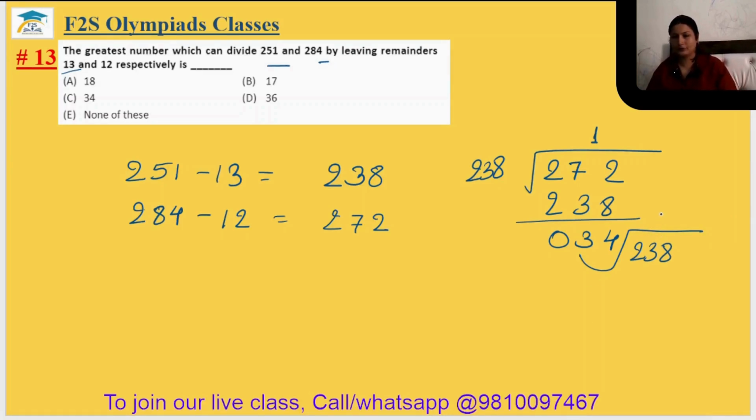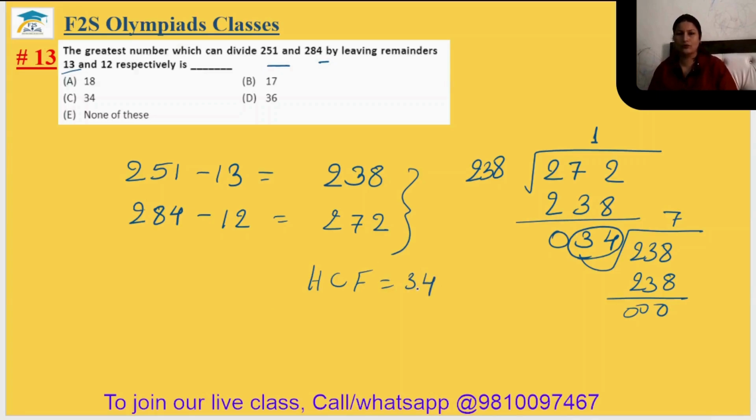So 34 is the HCF of these two numbers, and the 13th answer will be C, because we have already subtracted the remainder. If you divide 251 and 284 by 34, you get the remainders 13 and 12. 13th answer is option C.